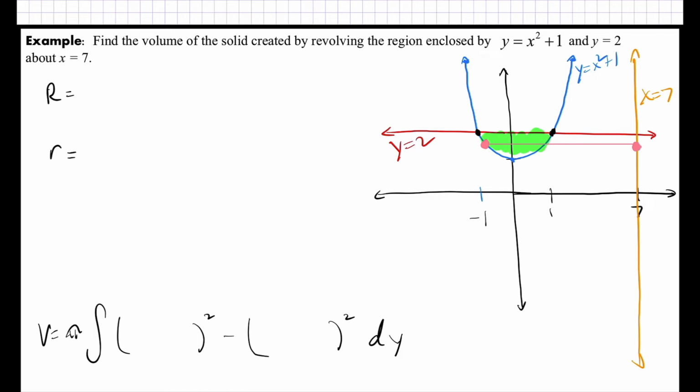So we go right minus left. Which one would be right and which one would be left? We go right minus left.